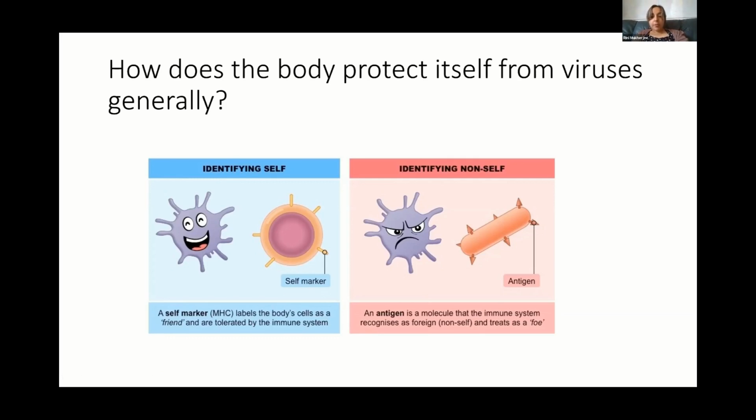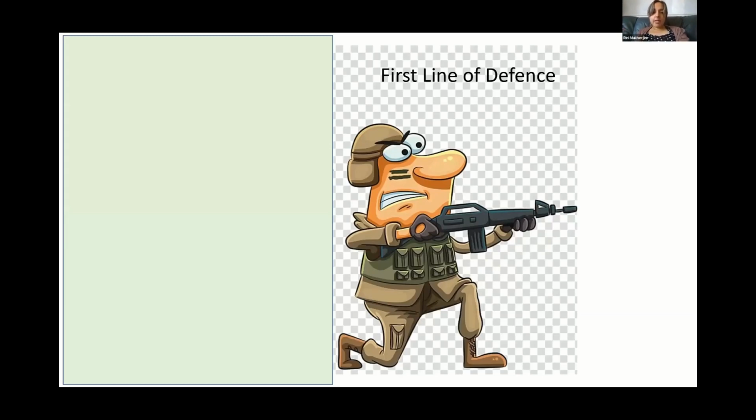So how exactly does this happen? I'm going to compare this a little bit to an army situation. Our body has something called the first line of defense. These are, you can say, the soldiers in the front line. There's a particular kind of white blood cell that constitutes the first line of defense. These are the first white blood cells to try and attack the coronavirus as soon as it's entered the body.